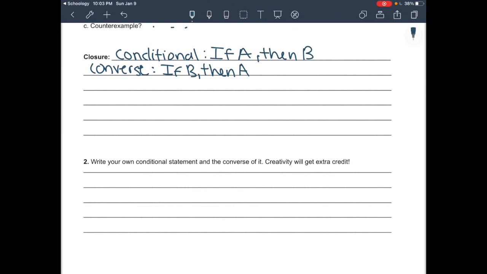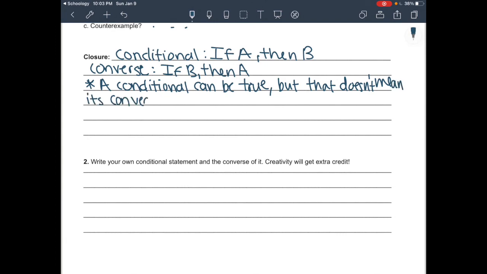And then we're going to put a little star here: a conditional can be true, but that doesn't mean its converse has to be true. Just because the first sentence is true doesn't mean that if you switch it, that sentence also has to be true.